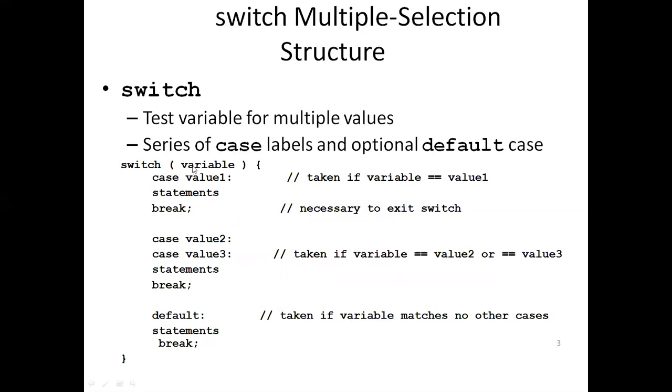For example, if the variable is a, then switch a, the case is one, case is two, case is three, and then default. Each of them, after it's done, you have to take a break. Otherwise, if you don't take a break, it will keep continuing. For example, case values two and three will be printed out after one.